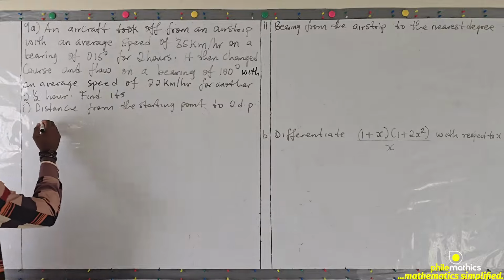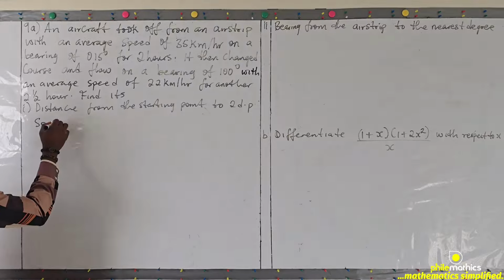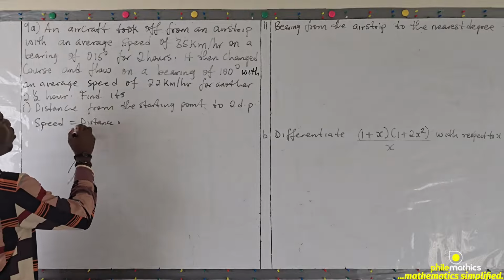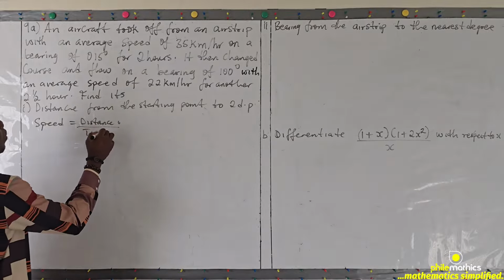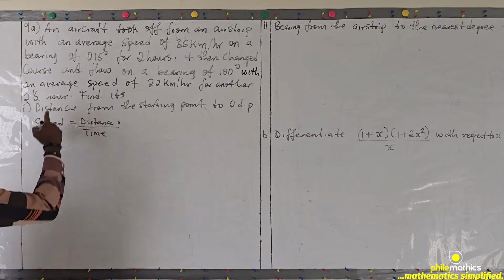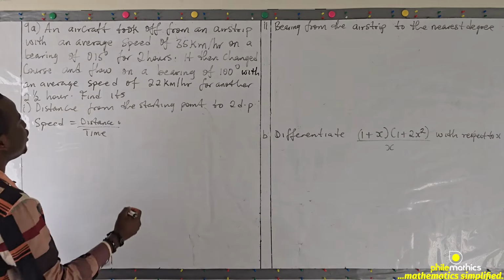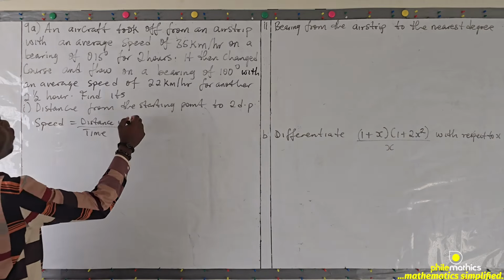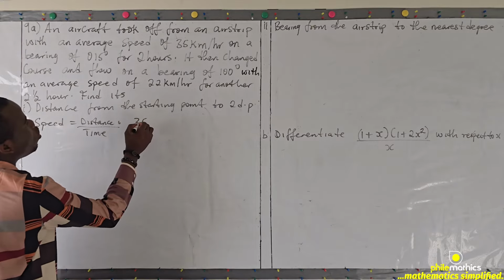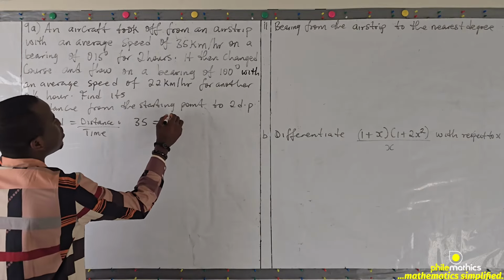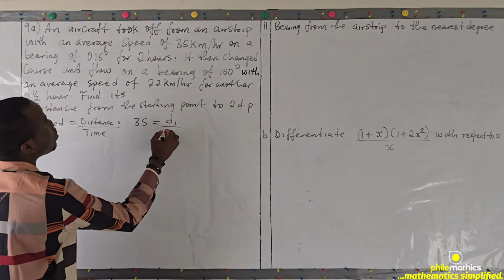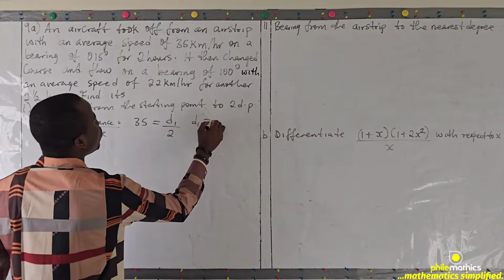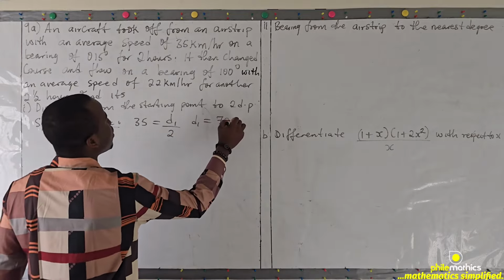Recall that speed equals distance over time, and if we call the first journey d1, it means for 35 km per hour, the first distance over 2 hours. So d1 will be 70 kilometers.